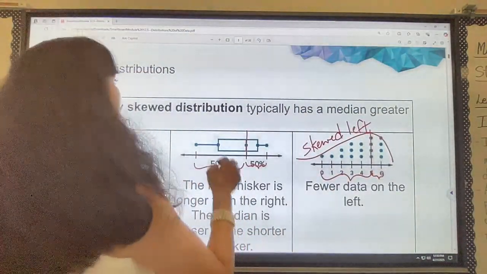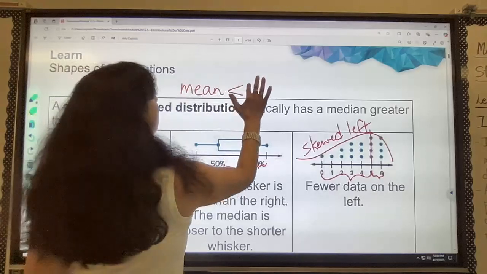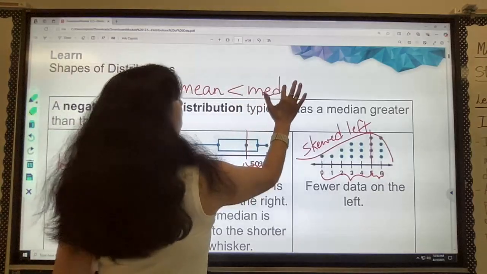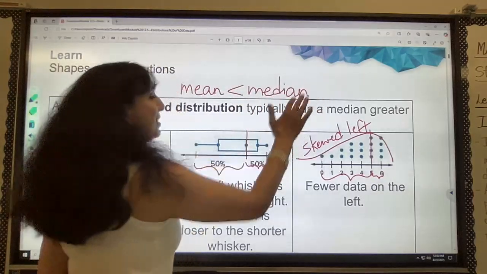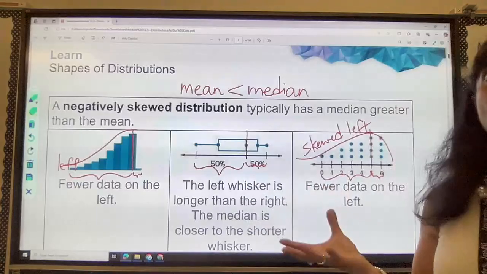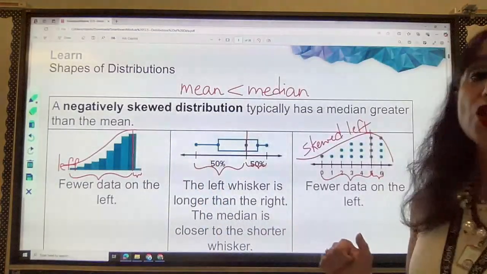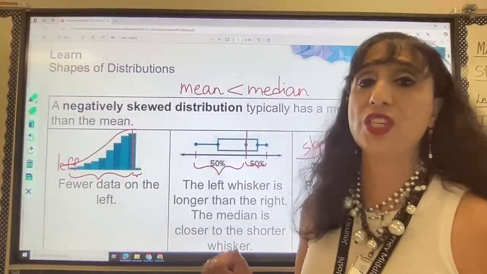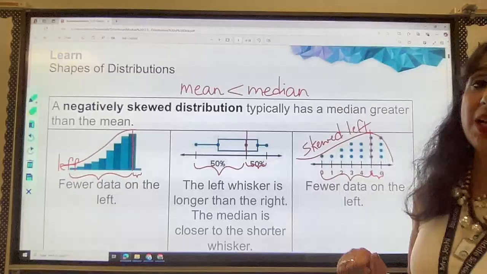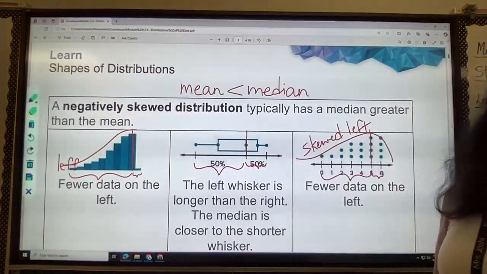So in situations like this, my mean is less than the median, because all these values on the left are going to pull the mean down. Okay, so this is also called a negatively skewed distribution and typically has a median which is greater than the mean, and that's what I just said.